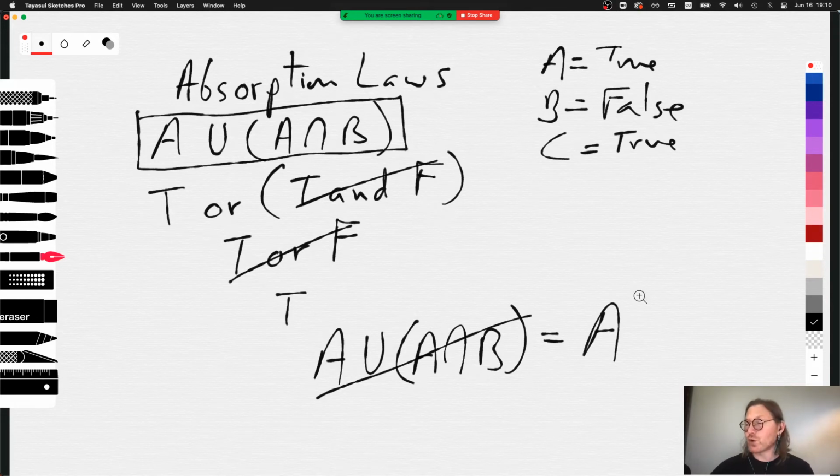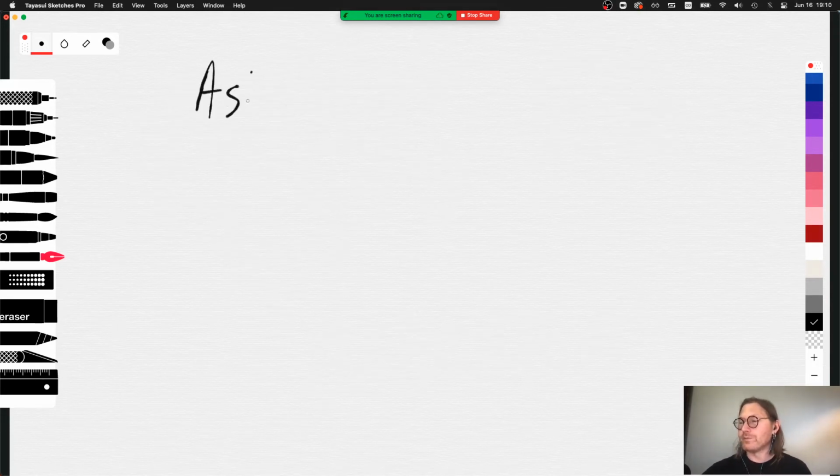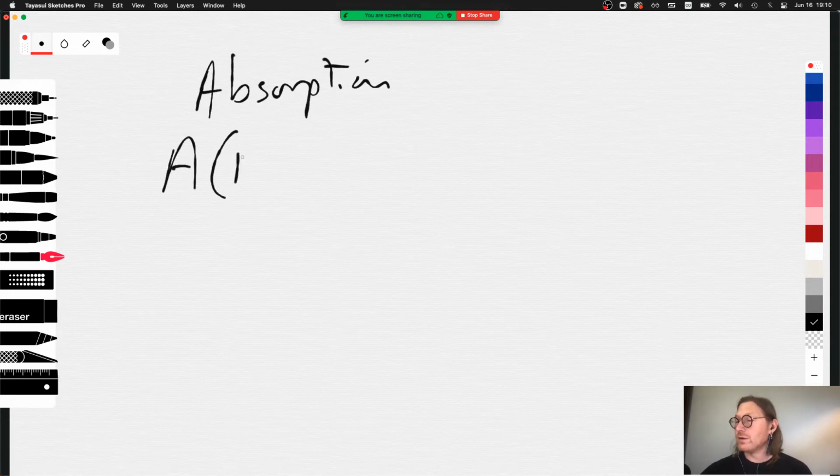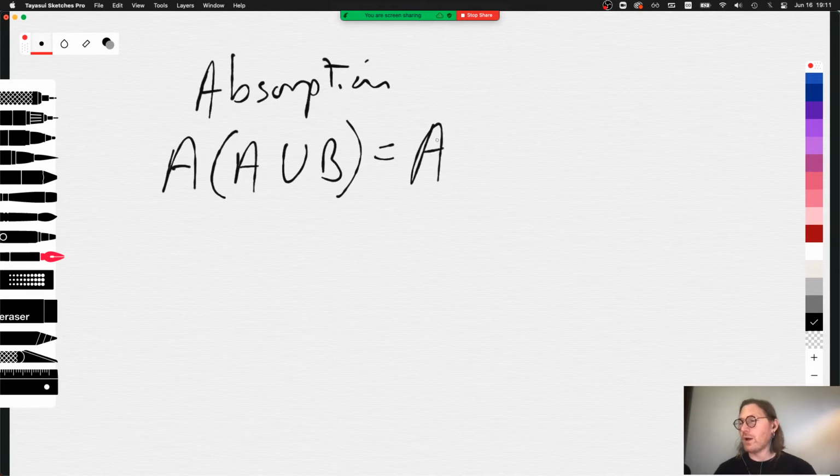We have another absorption law that operates very similarly, where A intersected with A union B is also just going to equal A. I could walk us through that, but I think you get the idea here. We have reducible operations, and we can represent these as Boolean expressions as easily as we can represent them as set operations.